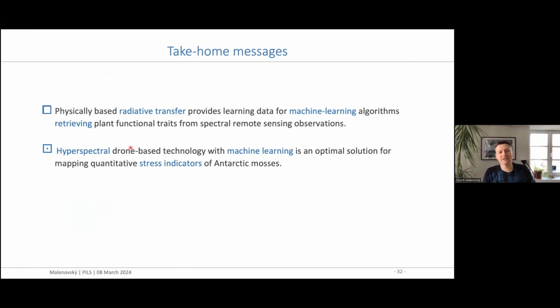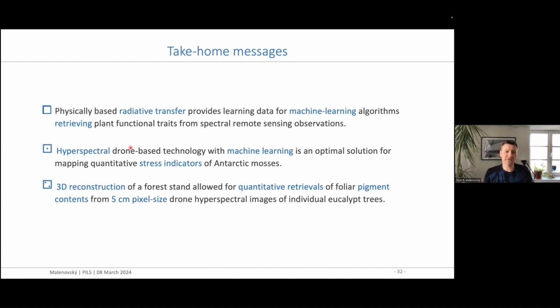And finally, the 3-dimensional reconstruction of the forest stand, which by the way can be done for agriculture crops in a much simpler way, allowed for quantitative retrievals of foliar pigment contents from 5 centimeter pixel size hyperspectral images of individual trees. So these are very high spatial resolution data.